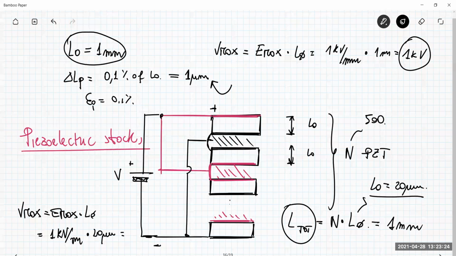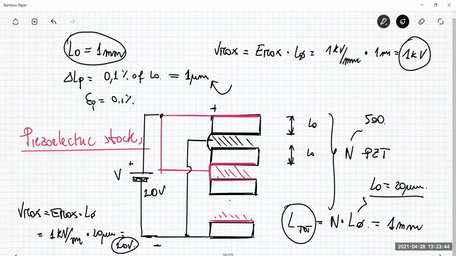And this is 20 volt. So this is the maximum voltage that I can apply.